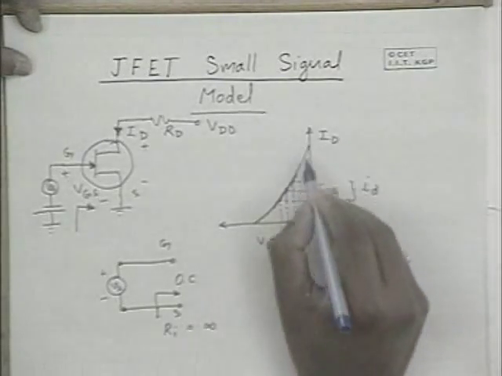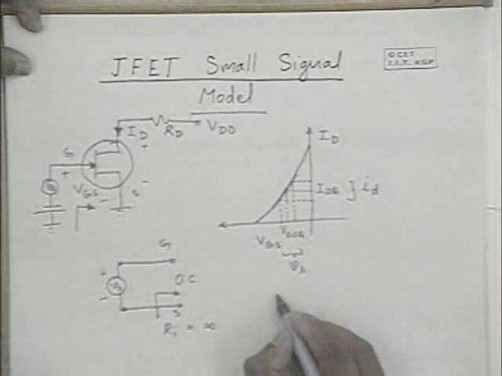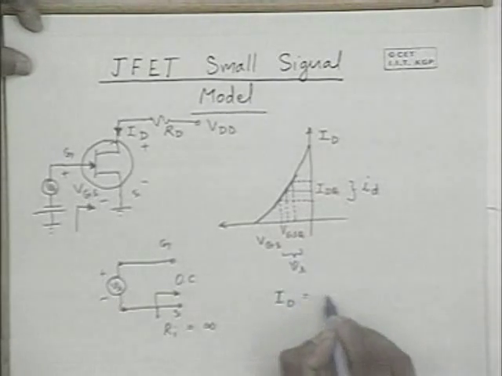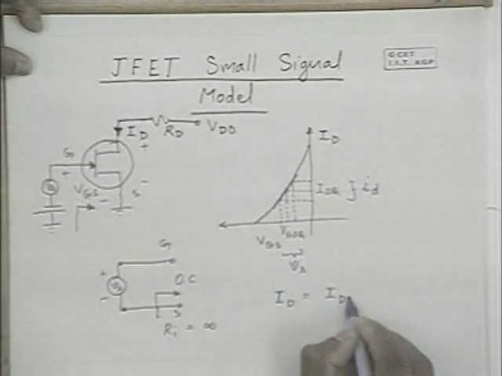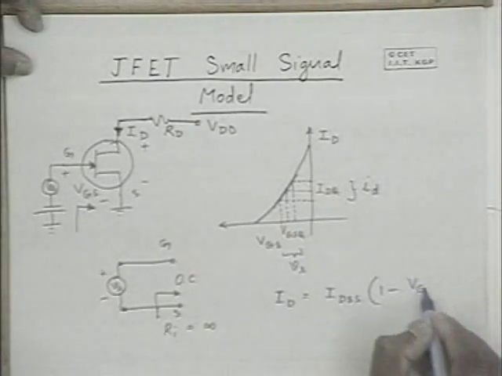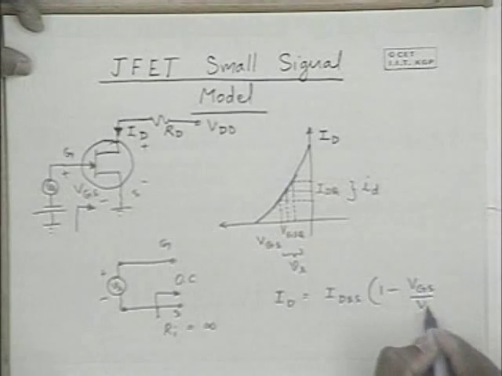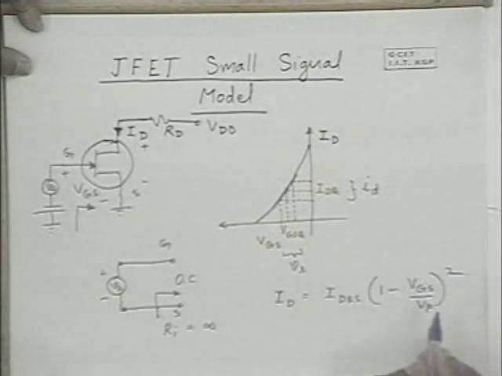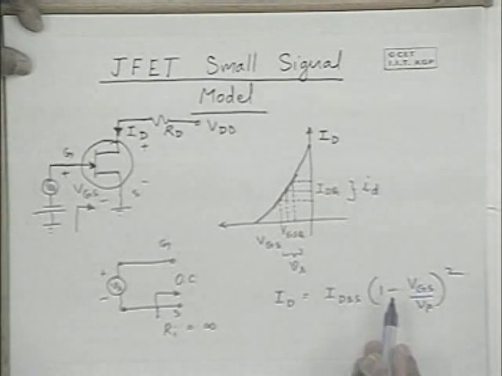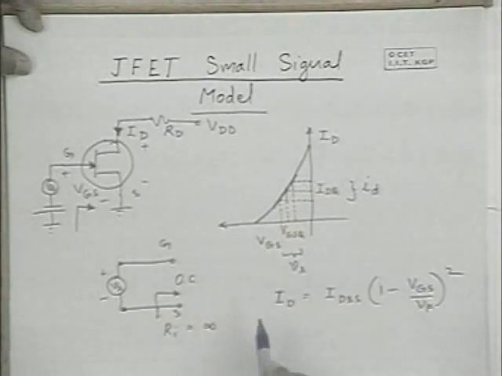Please note that this equation has this kind of relationship: ID is IDSS into (1 minus VGS by VP) whole square. Now, if you differentiate this with respect to VGS, you will get the slope of that equation.